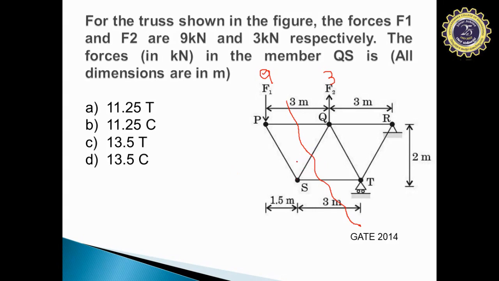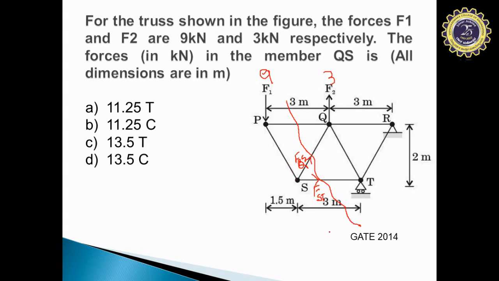So first, let us cut the truss into two parts. Now that this force is exposed, let us call this force FSQ or QS, and let us call this FST.